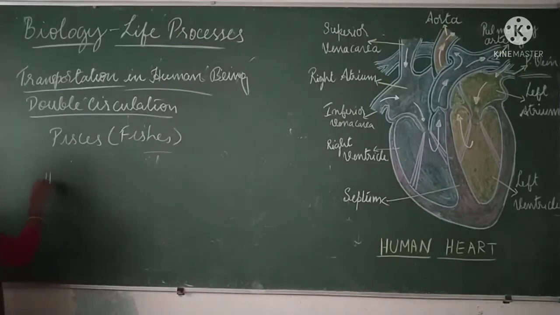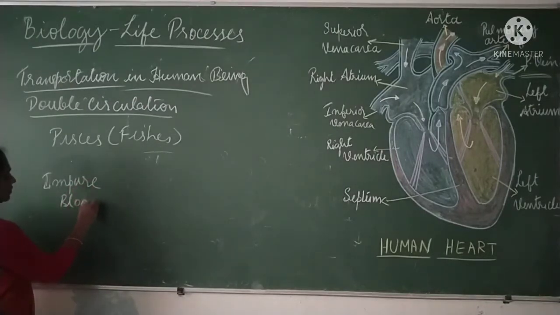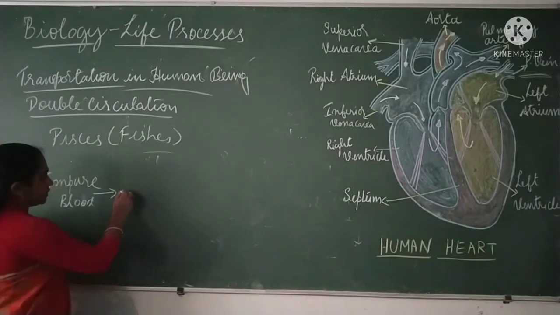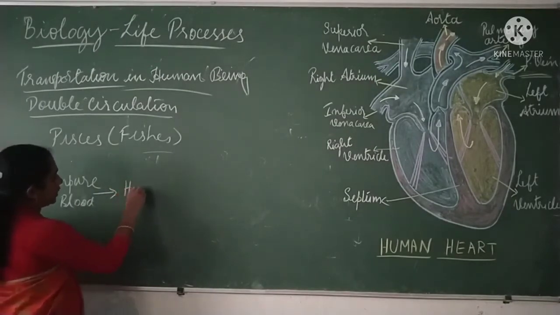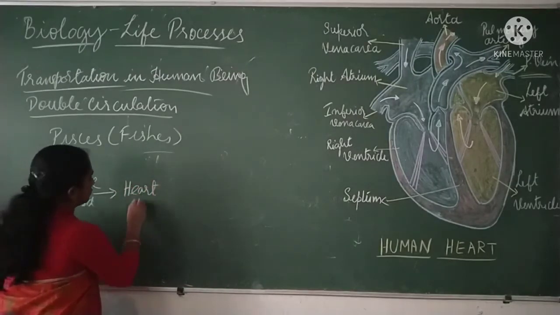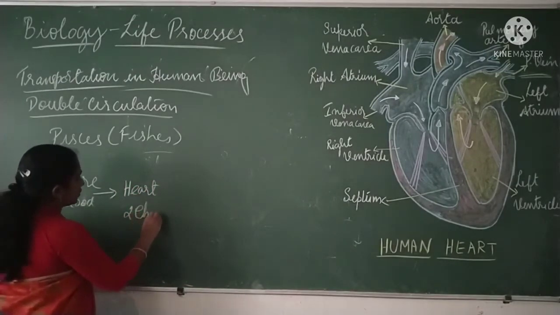Impure blood from different parts of the body reaches the heart, carried by veins. It has 2 chambers.